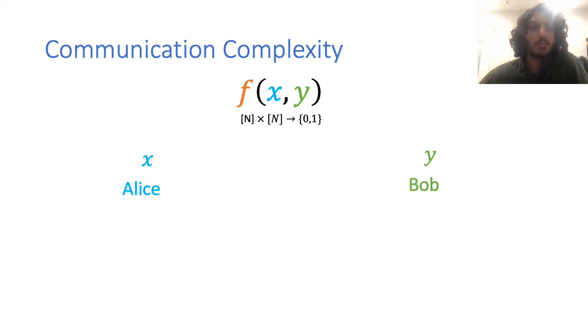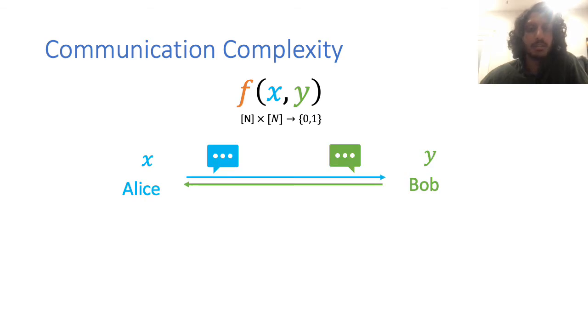So let me begin by just recalling definitions in communication complexity. I guess probably everybody is familiar with this model, but just to make sure we're all on the same page, let me introduce it anyway. In communication complexity, you have some function f, and this is a two-party function. It takes inputs x and y. One of our players, maybe Alice, has the input x, and another, Bob, has the input y.